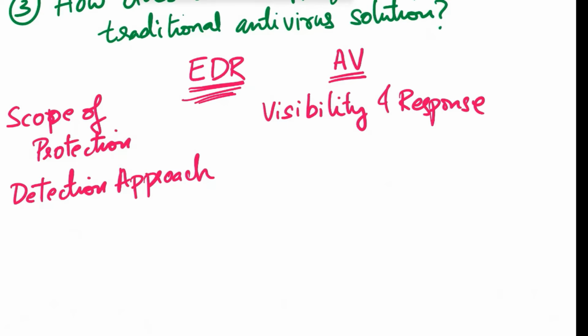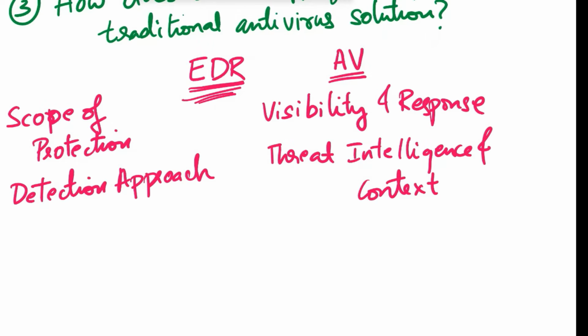Traditional AV solutions focus on preventing malware from entering the system. They might quarantine or delete files flagged as malicious, but they lack the deep visibility and advanced response capabilities of EDR solutions.